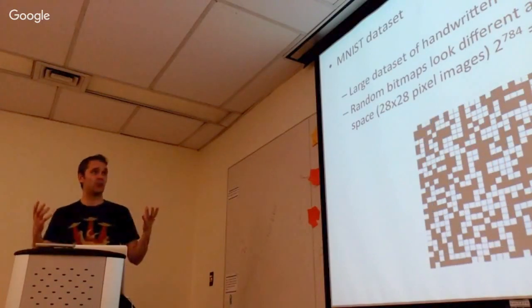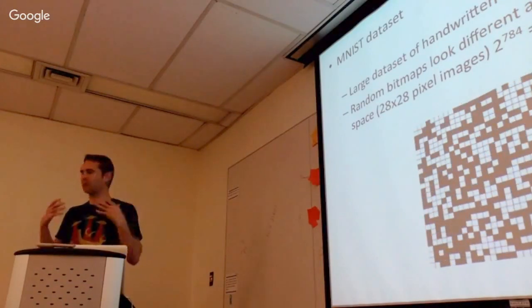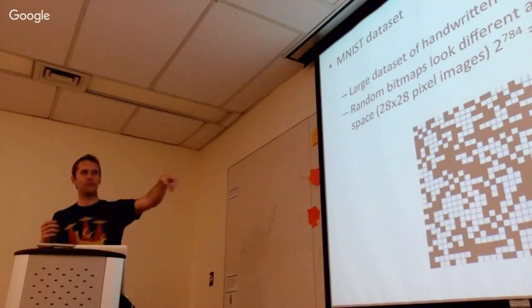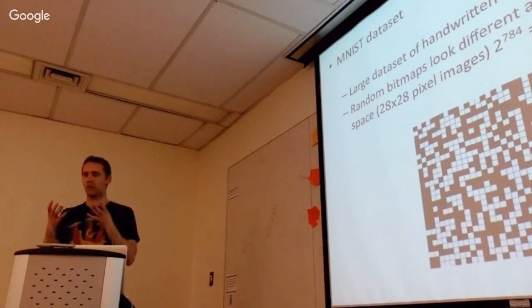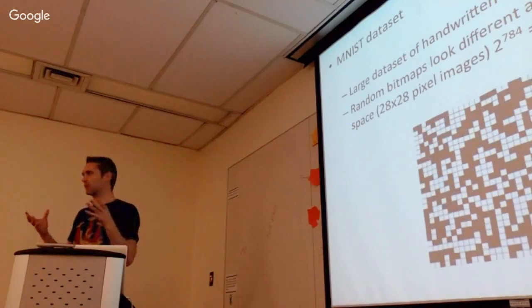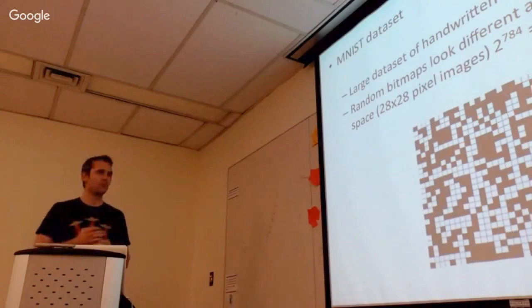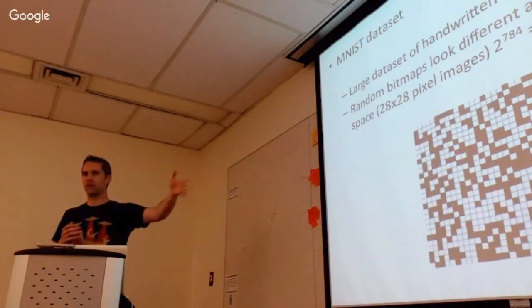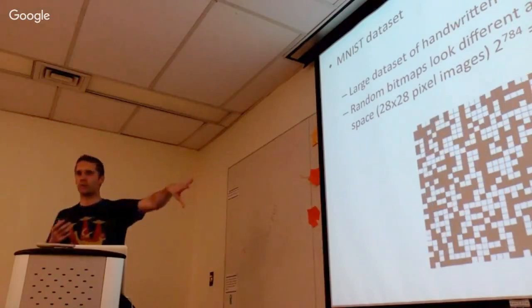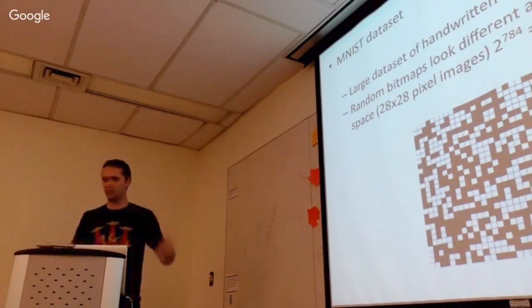Obviously huge, and these are random images in this space, right? Do you even care to look at something like this, or assume that what you look at is something like this, because it's completely different. Right?